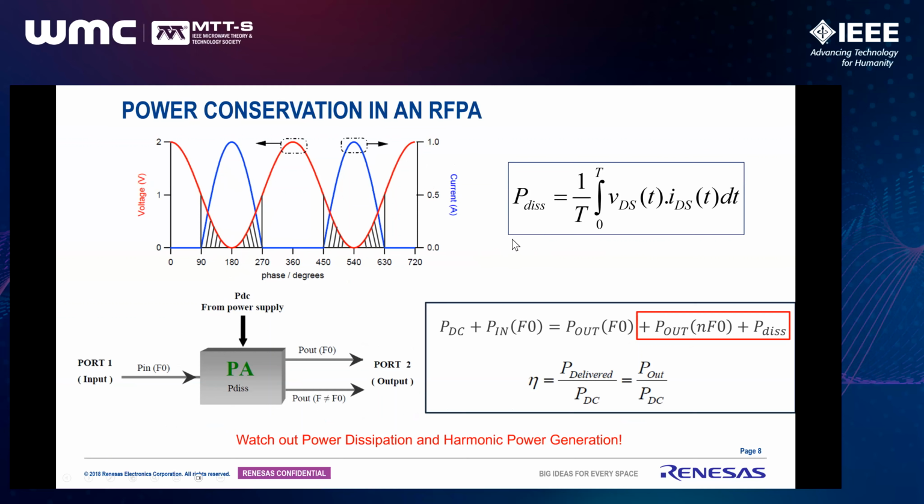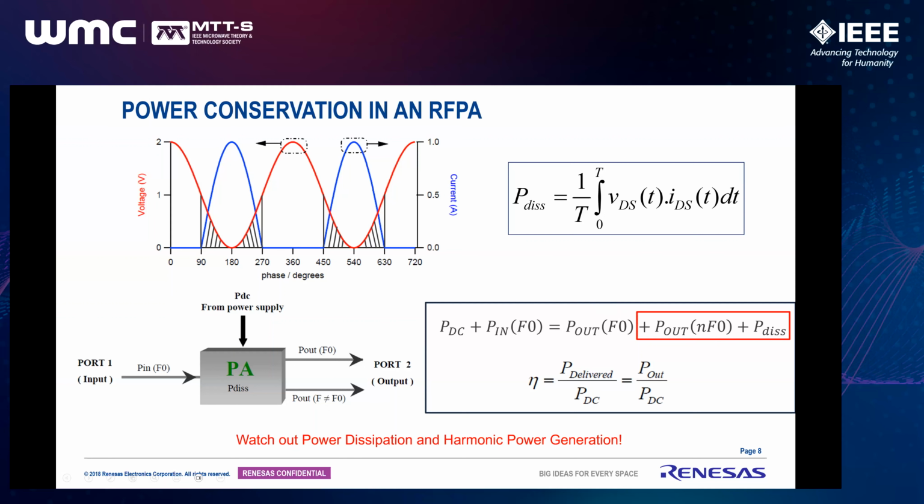Now again, it's a point to refresh that power conservation in an RF PA is that all the power we are giving into the PA, like DC power and the input power, would be equal to output power at the fundamental, output power at the harmonics, as well as the power dissipation.